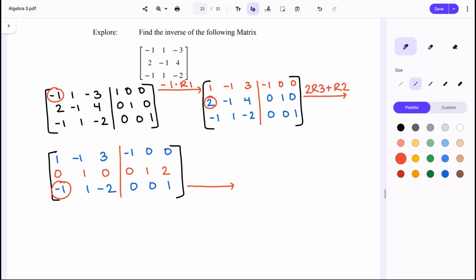Could we add it to row 1? Since they're opposite signs, I would add. Okay, so this would now say 0, 0, 1, negative 1, 0, 1.